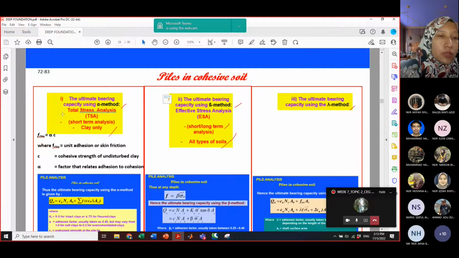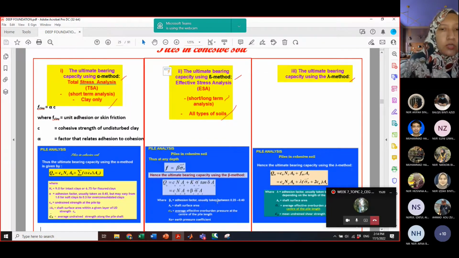It is also known as short-term analysis, and this is only applicable in clay. So what is the difference or significance between the alpha method, beta method and lambda method? You will see after this how we calculate accordingly through the conditions of the stability of the piles and the formulas used.